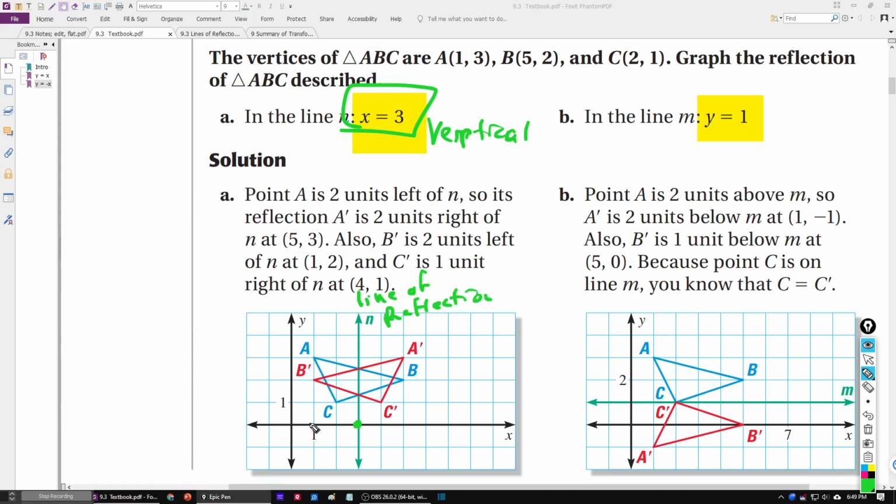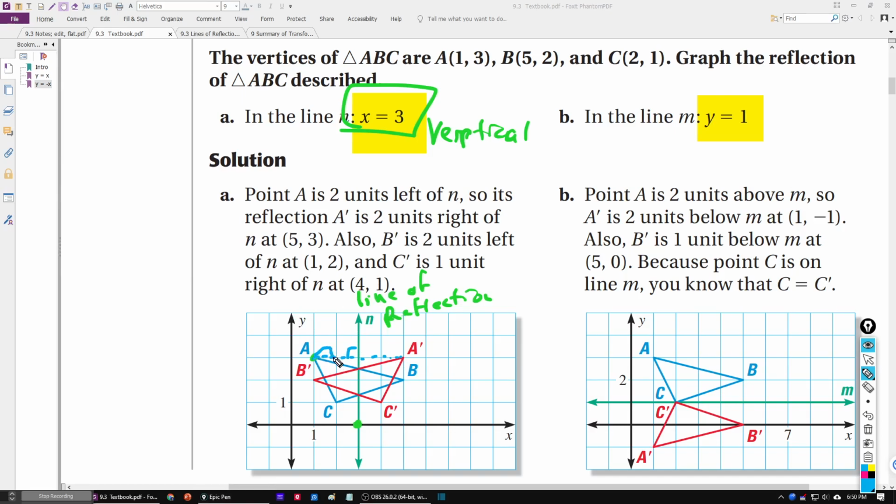So let's take one point at a time. Here is A, and because this is a vertical line, your line of sight will always be perpendicular. Remember that? It's always going to be perpendicular to your line of reflection. And in this case, because our line of reflection is a vertical line, our line of sight is going to be a horizontal line.